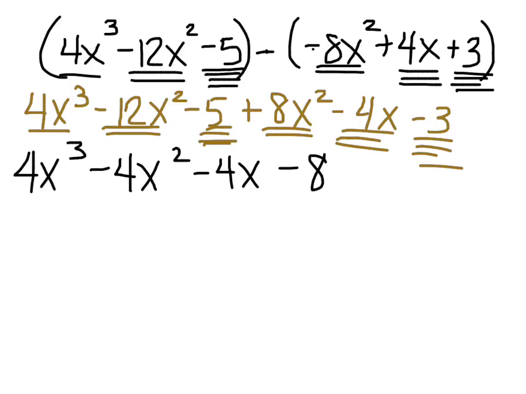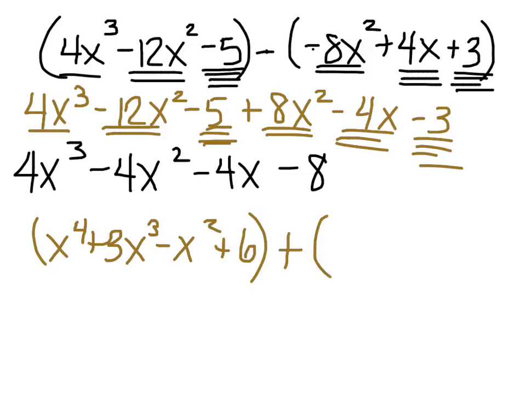Then on number 7, it's got x to the 4th plus 3x to the 3rd minus x squared plus 6 plus 2x to the 4th minus 3x plus 9. What operation am I asking you to do here? Add. So add like terms.